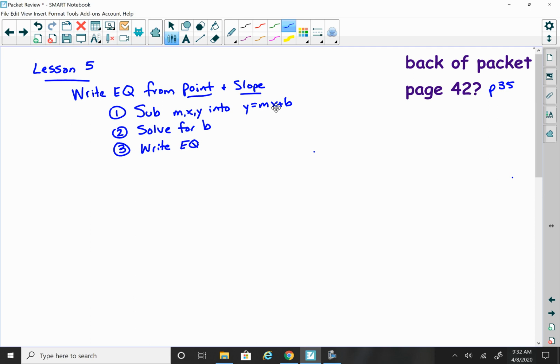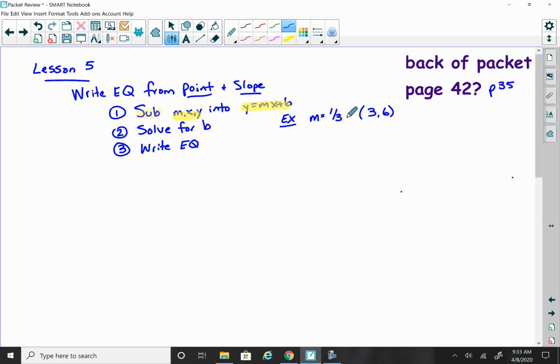I'm going to show you a little example, maybe over here to the side. Let's say that I give you a slope of 1/3 and a point of, let's say, (3, 6). So again, given a slope and a point, can we write the equation? The first thing we do is substitute those values into slope-intercept form.